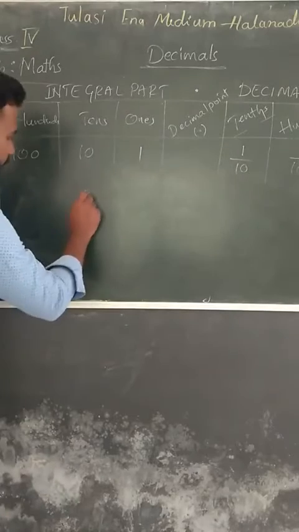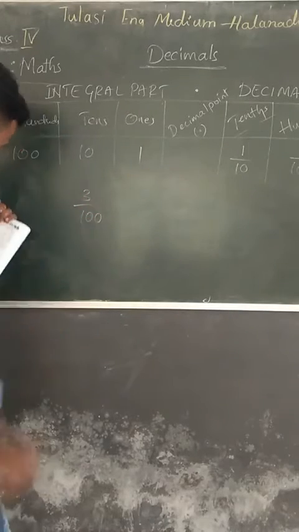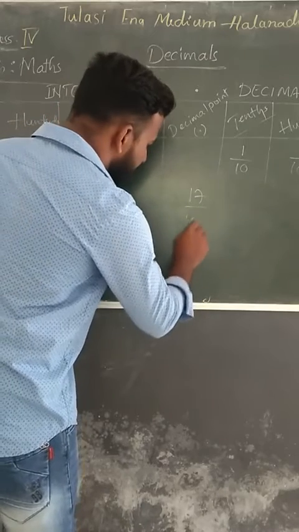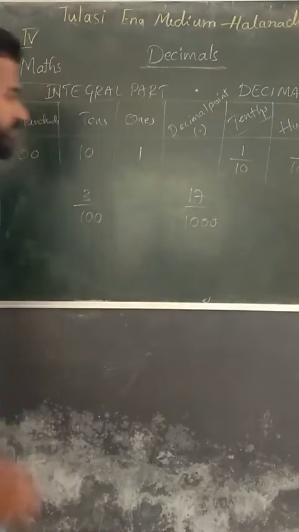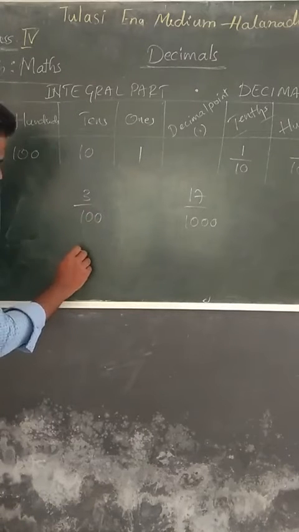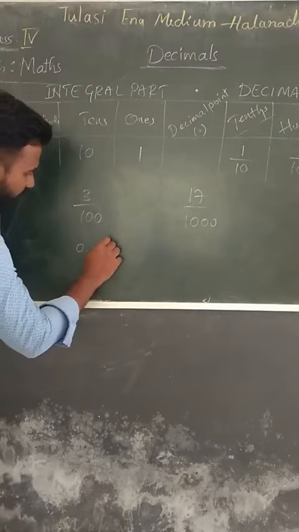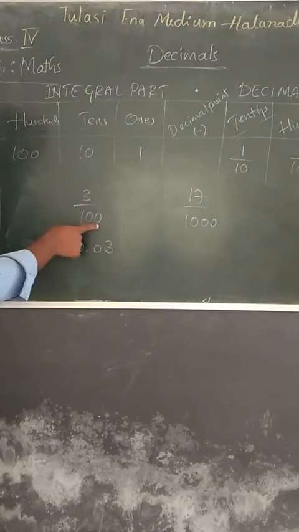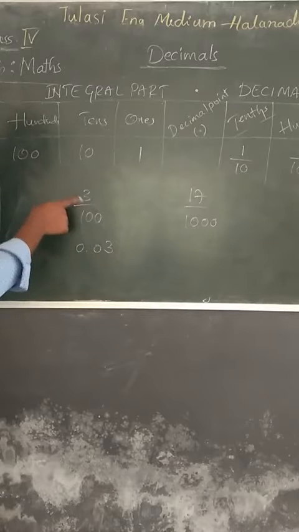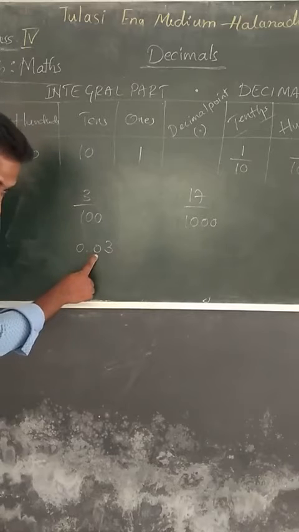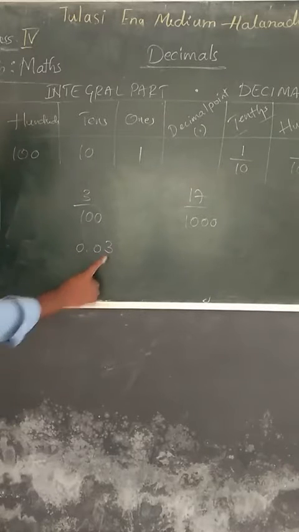See, 3 by 100, 17 by 1000. So 3 by 100 is 0.03. The 3 is in the 100th place, so this is the 10th place, this is the 100th place.